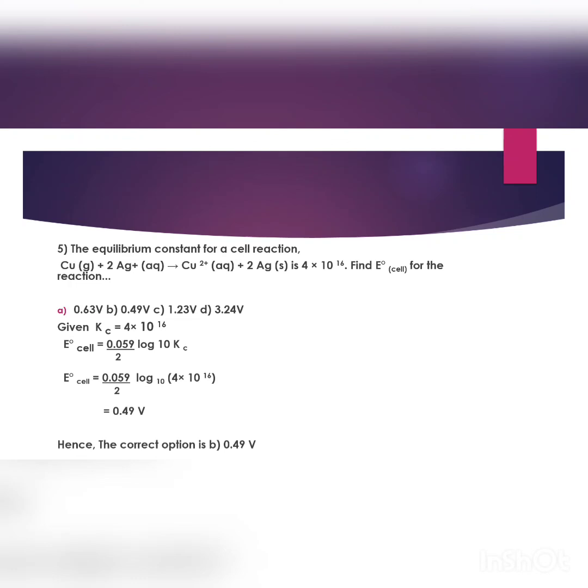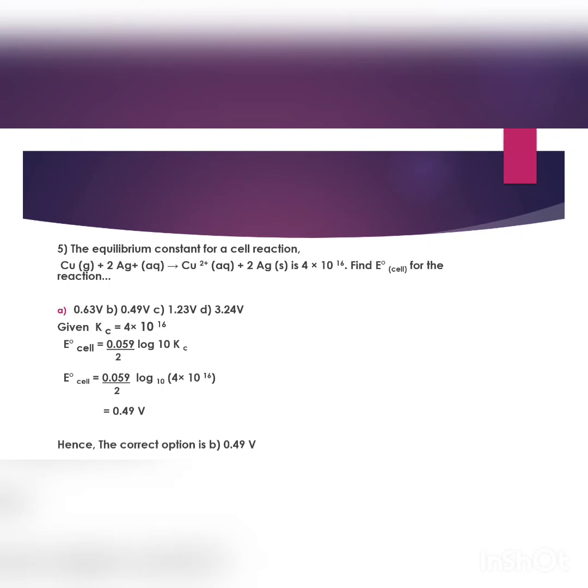The equilibrium constant for a cell reaction is 4 into 10 raised to 16. Find the E naught of the cell for the reaction. The options are A 0.63 volts, B 0.49 volts, C 1.23 volts and D 3.24 volts. Given Kc is equal to 4 into 10 raised to 16.